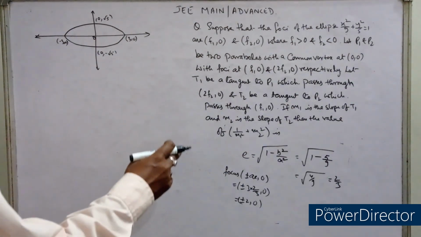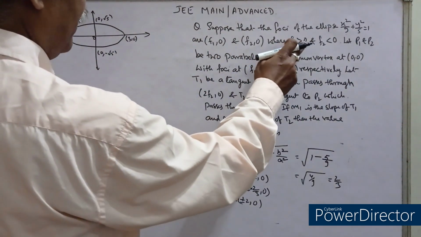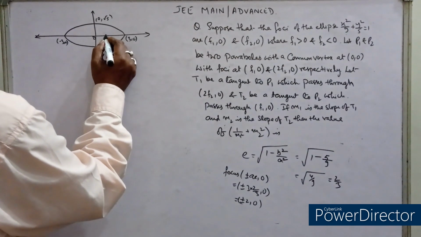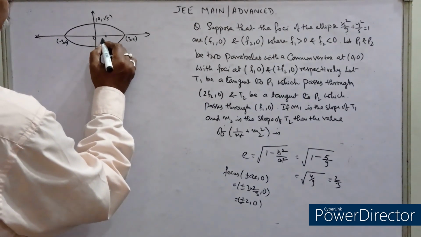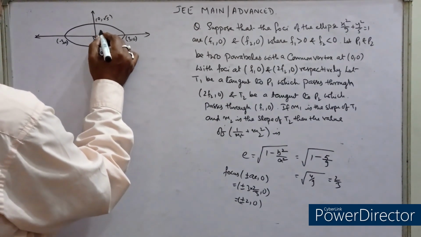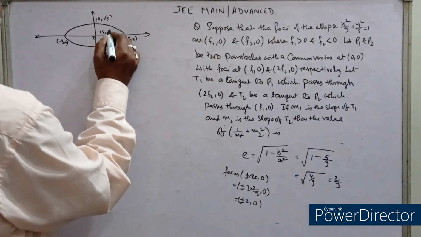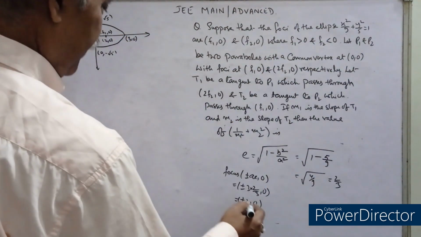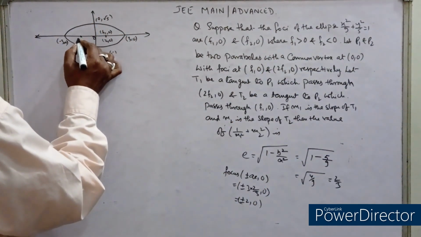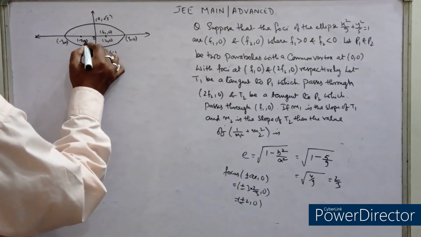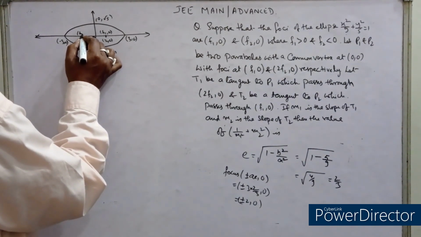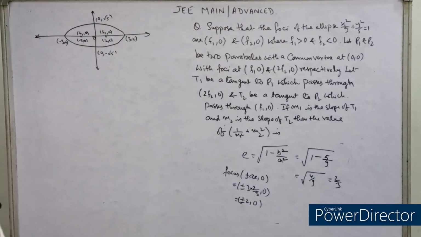And your focus, see, this is f1, this is 2 comma 0, this is f1 comma 0, and f2 is less than 0, so this is minus 2 comma 0, this is your f2 comma 0.